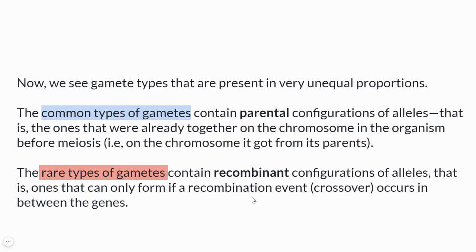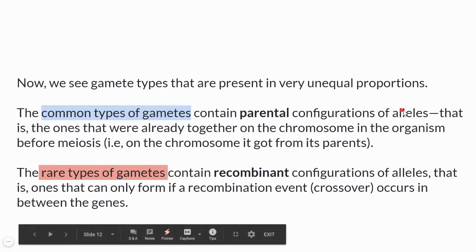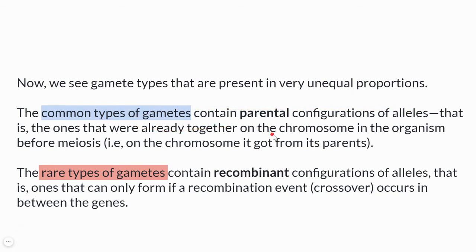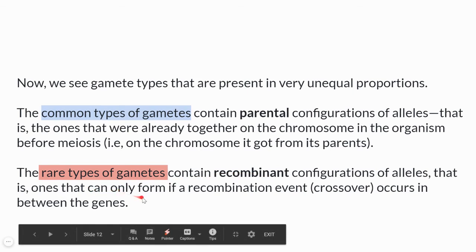Let's understand this. The common type of gametes, which are the parental type allele combinations, are the ones that were already together on the chromosome in the organism before meiosis. The rare type of gametes, that is the recombinant ones, can only form if the recombination event has happened.